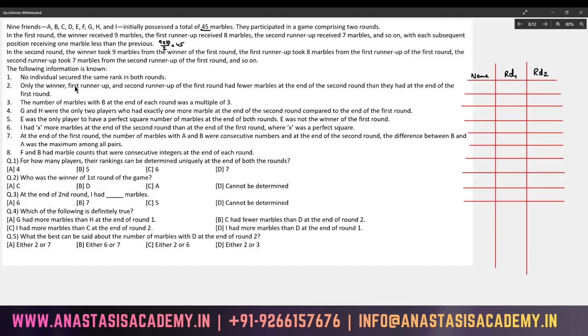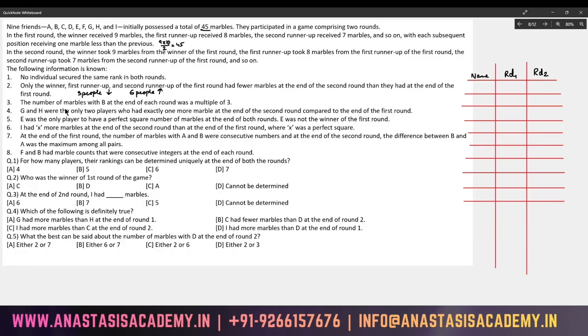What this means is 3 people saw a decline in the number of marbles they were holding, and the remaining 6 people saw an increase. Who are these 3 people? The person who had 9 marbles in the first round, the person who had 8 marbles, and the person who had 7 marbles. This information is told to us by point 2.